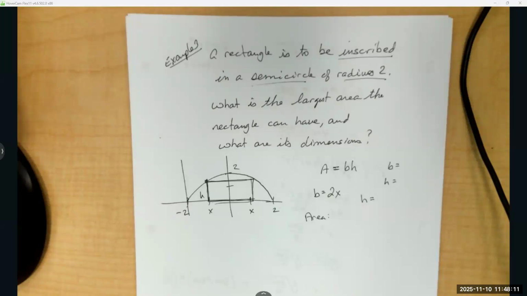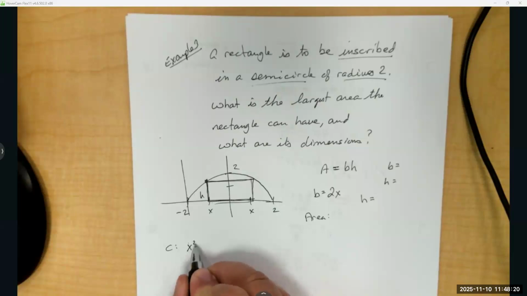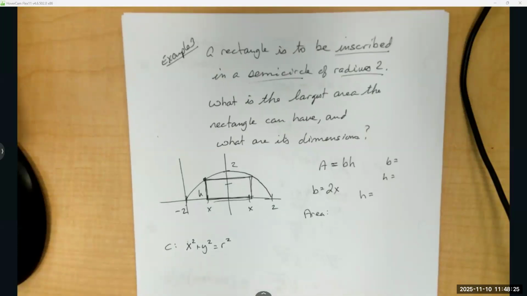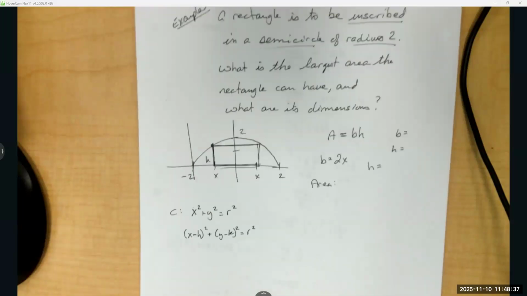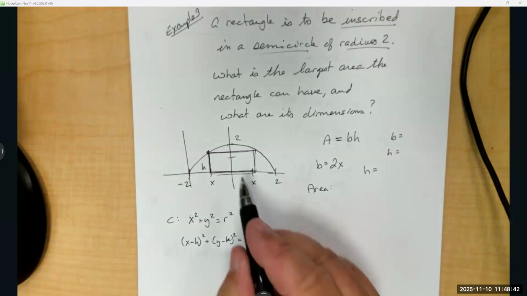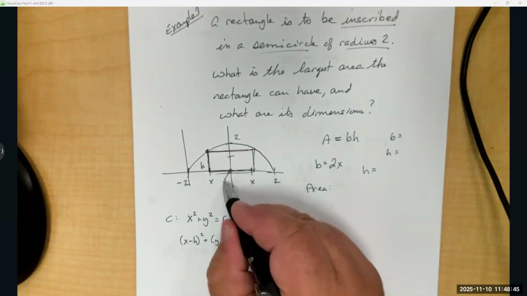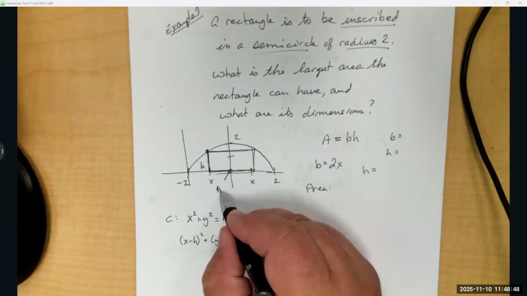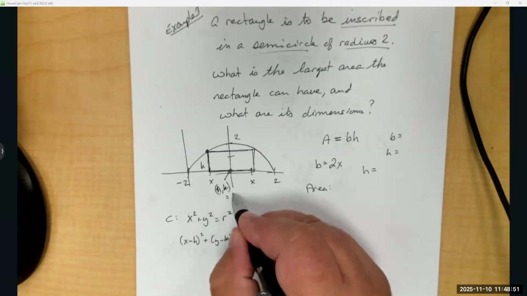What's the formula for a semicircle? The formula for a circle is x squared plus y squared equals r squared. Or if you wanted to, x minus h squared plus y minus k squared equals r squared. h and k is the center, and that's at the origin, which is 0, 0.